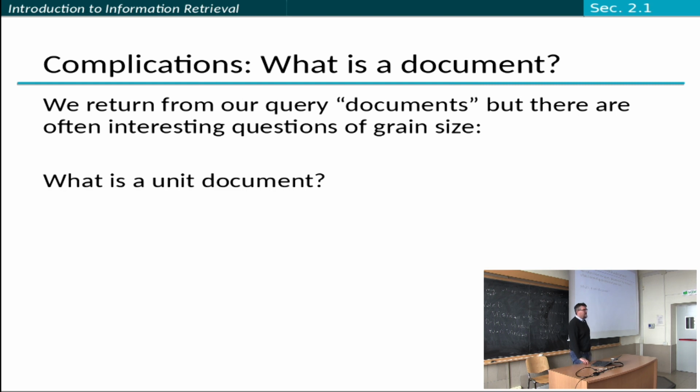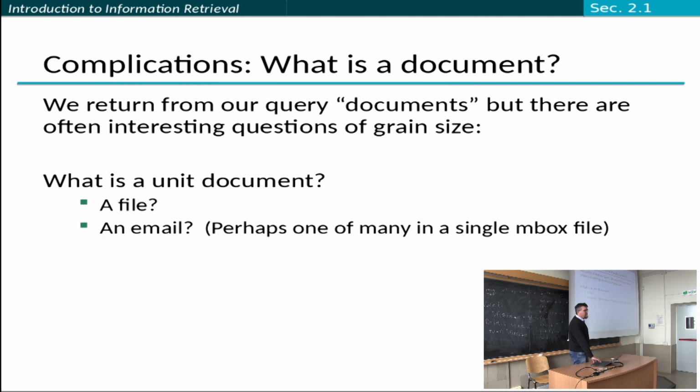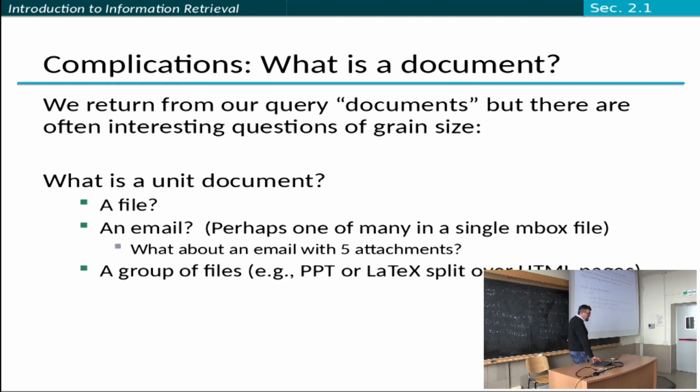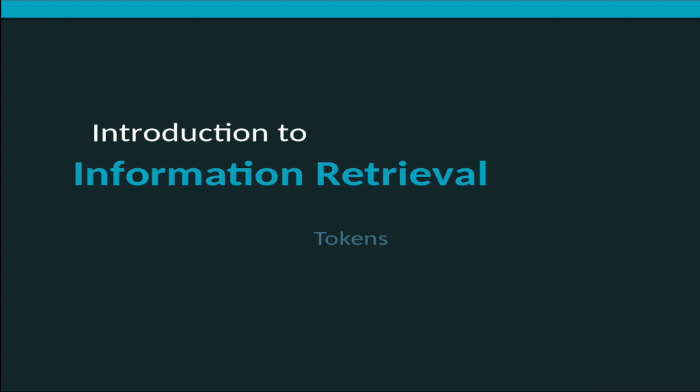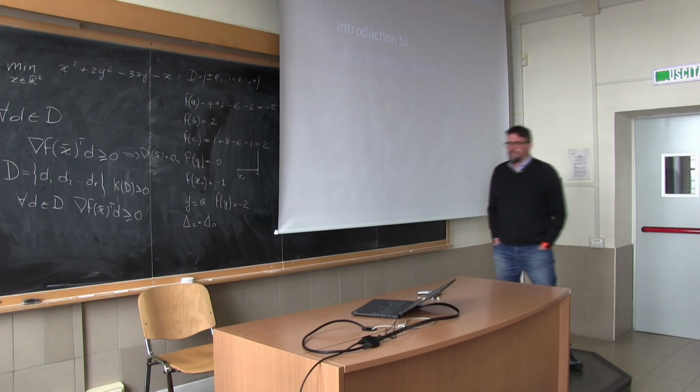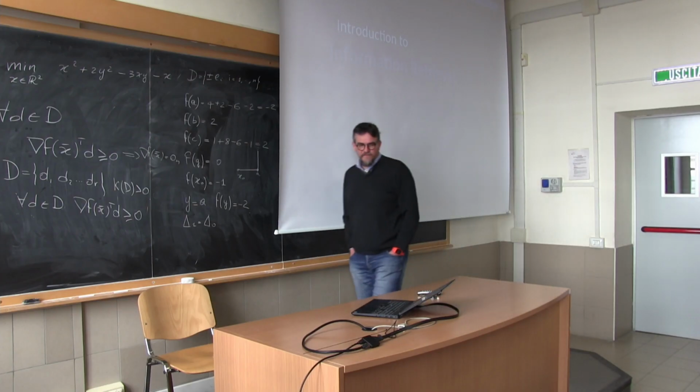Namely, is it a single file, a single document? Is it an email maybe with a number of attachments? Is it maybe a group of files? And so on and so forth, okay? This simple introduction is just to give you a rough idea of the complexity of the information retrieval task.